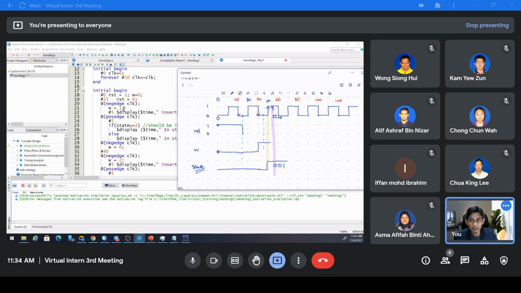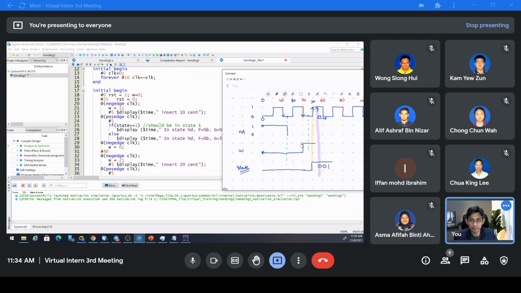And another 5 nanoseconds after this negative edge, which is 45, we display that we insert 10 cents. We do not check the output yet, but we just display that here we insert 10 cents. Now we want to check.